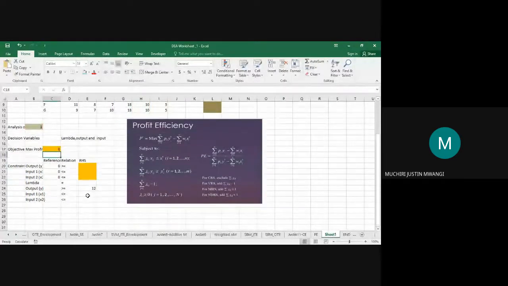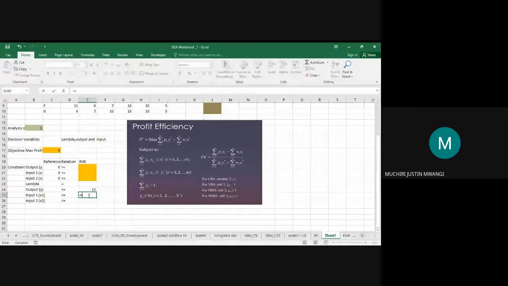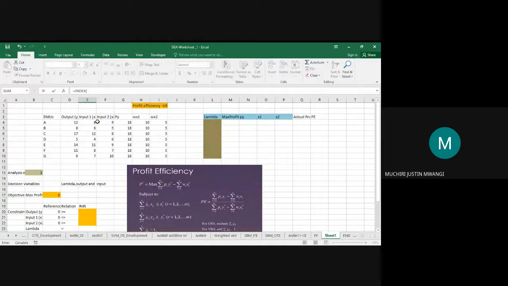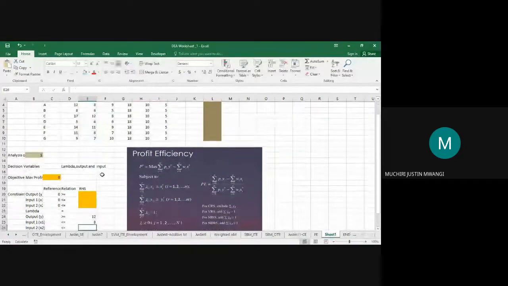So the other thing is that we index till the input, because we are saying whatever we're going to get should be not more than the given level of the input.